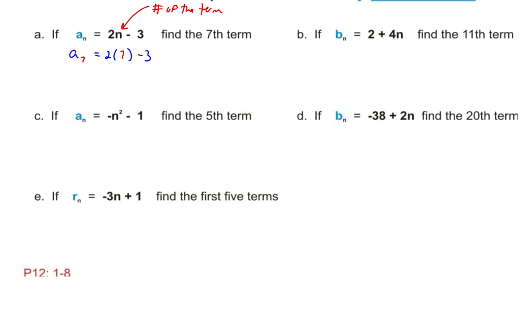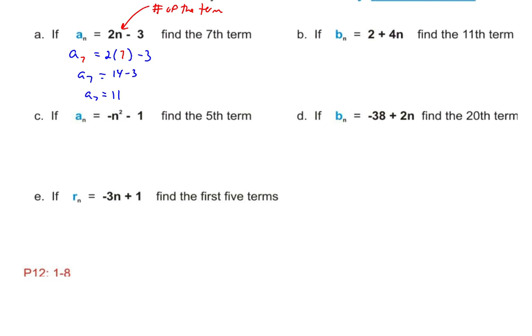I'm going to substitute in 7 for my n's. Pretty easy, right? Seventh term, n is 7. So now all we've got to do is a little bit of math. We all know 2 times 7 is 14. And we've got 14 minus 3. The seventh term has a value of 11. Seventh term is 11.